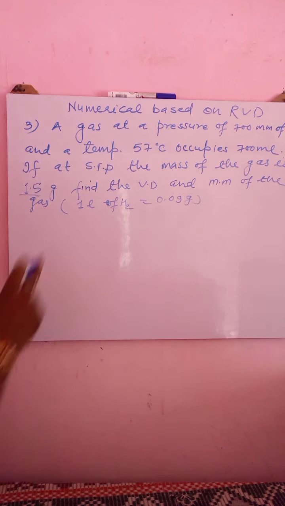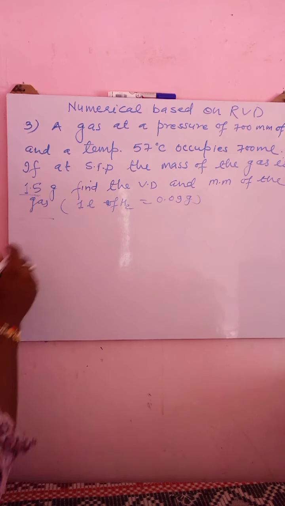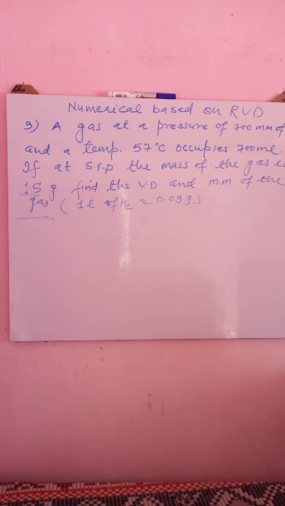First of all, to solve this problem, we have to find out the volume of gas which weighs 1.5 gram at STP.